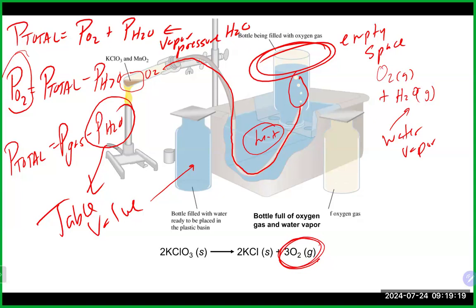It will say something to do with water. So it will say the gas was collected over water, or the gas was saturated with water vapor. Those are all keywords for this situation. You do have to do this correction calculation to subtract off the vapor pressure of water. Any questions on that there?